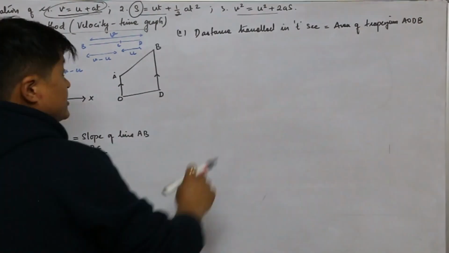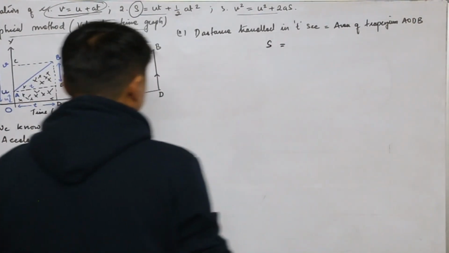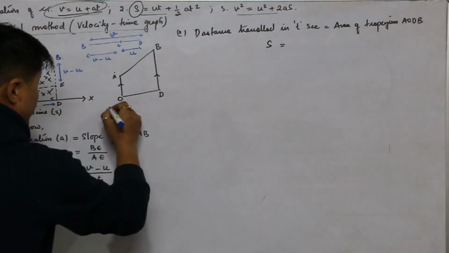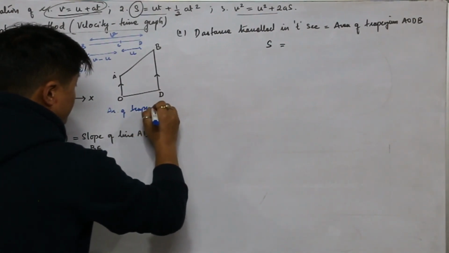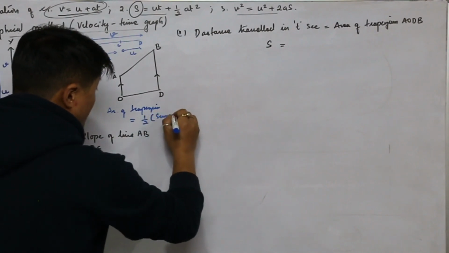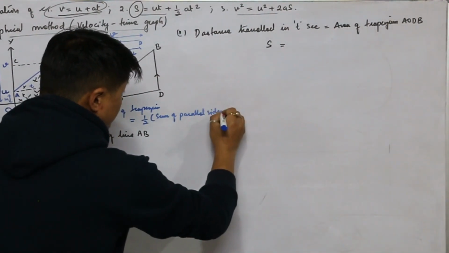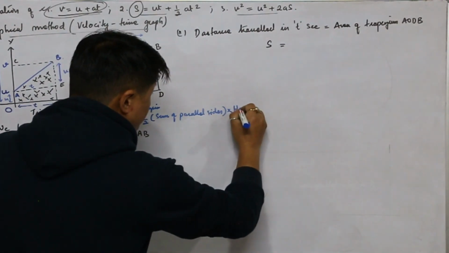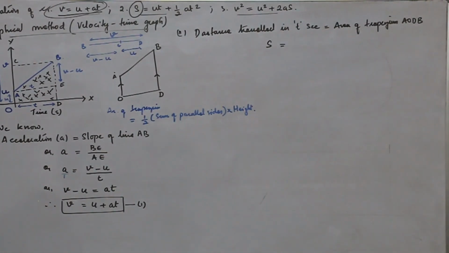Distance is here. S is equal to the area of trapezium. What is the formula for the area of a trapezium? The formula for the area of a trapezium is equal to half into the sum of parallel sides into height.